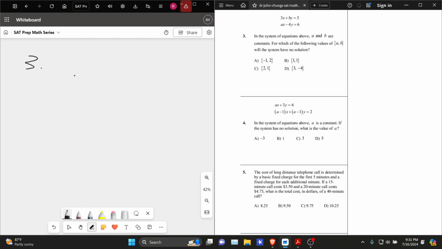So this is the same idea where 3 over a should be equal to b over negative 4 for it to have no solution, and this should also be equal to 1 over 2, or 3 over 6.